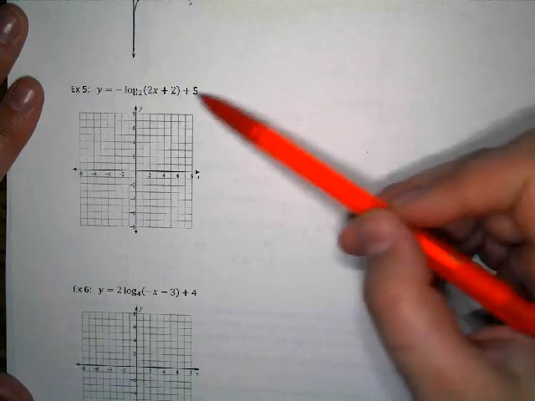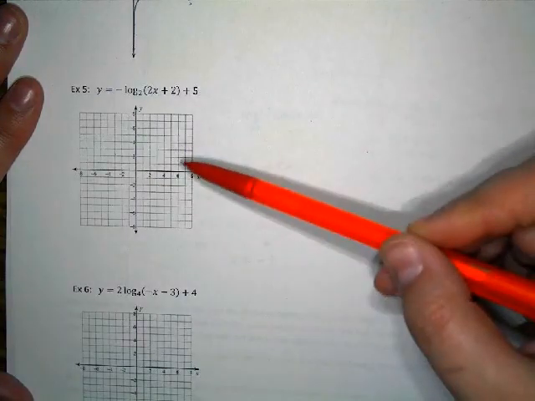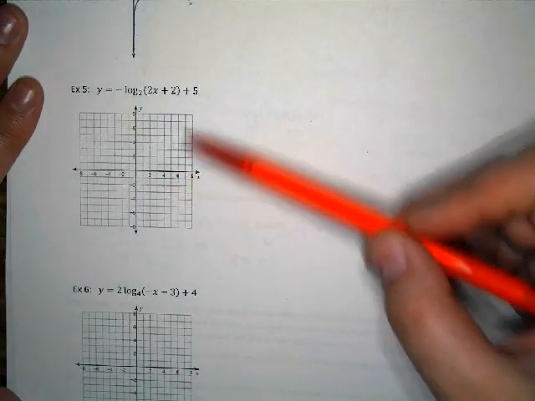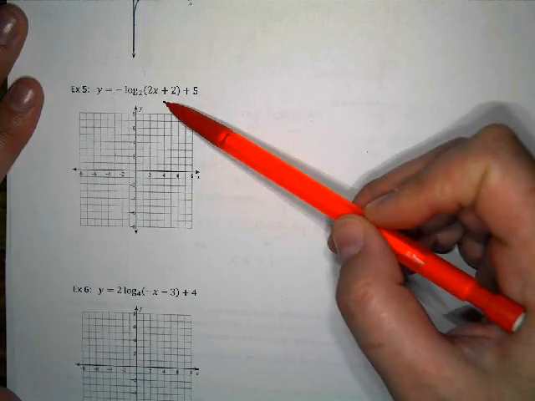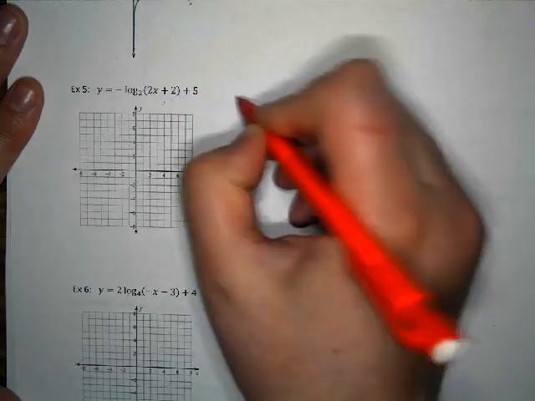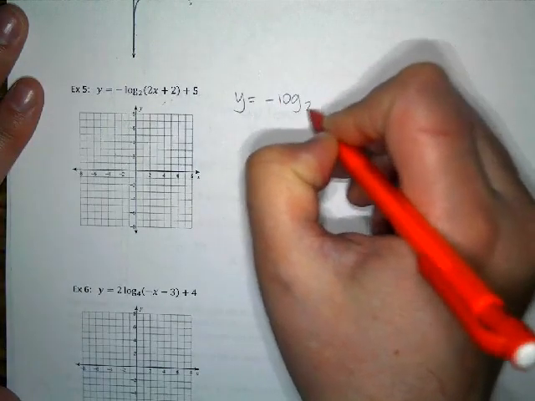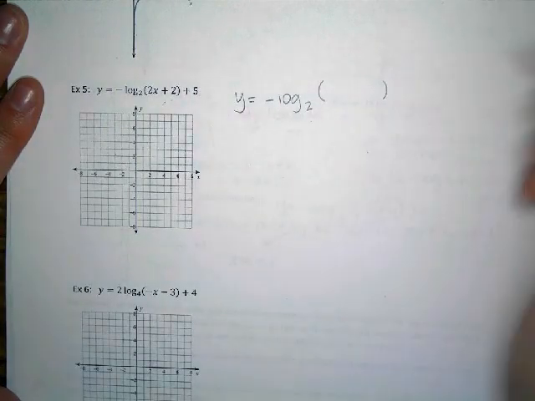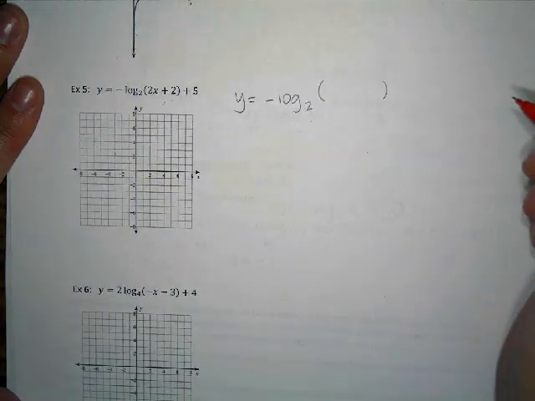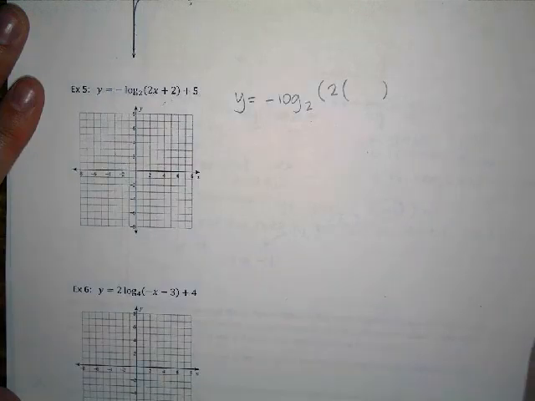So I've got y equals negative log base 2, and then what is the inside of the function? x plus 1, okay. And then on the outside we got plus 5. Okay, so what are the transformations?